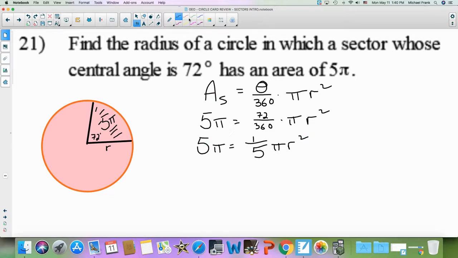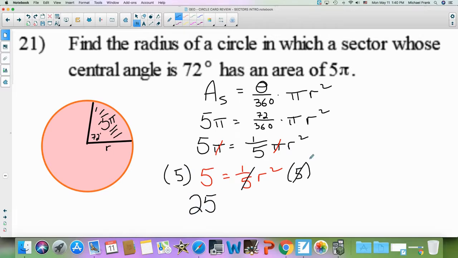We could eliminate the pi's because they're on both sides, and we get 5 is equal to 1/5 of a radius squared. Well, how do we get rid of that 1/5? We multiply by the reciprocal on both sides, multiply by 5 on both sides. You're going to get 25. The 1/5 and the 5 cancel out, equal to your radius squared. Square root, the radius is equal to 5.